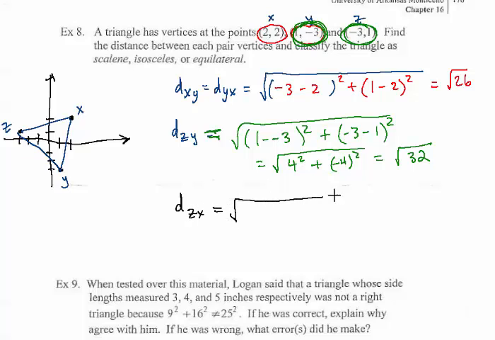And now for our last distance. Okay, so at this point it's definitely not equilateral because these 2 sides weren't equal. It either has to be isosceles or scalene. So we got a square root and then squares inside that are added together, and in the parentheses we put the differences between the coordinates.